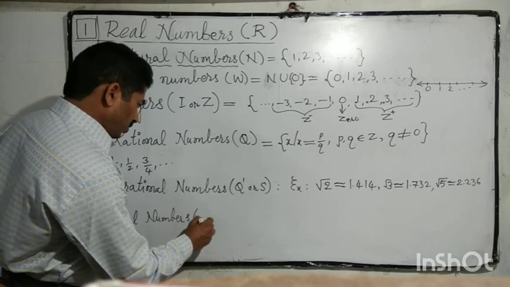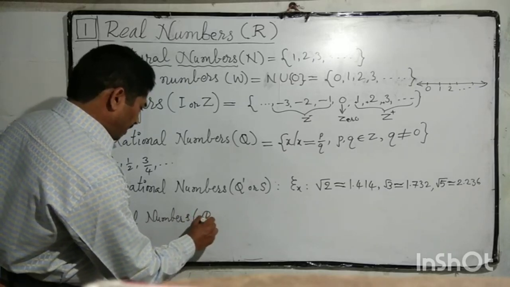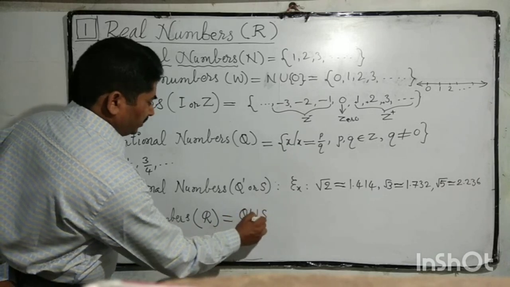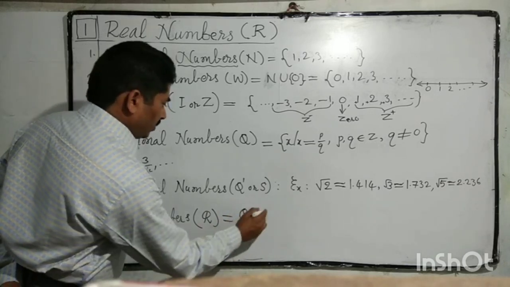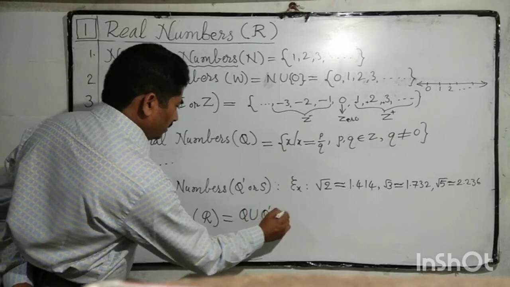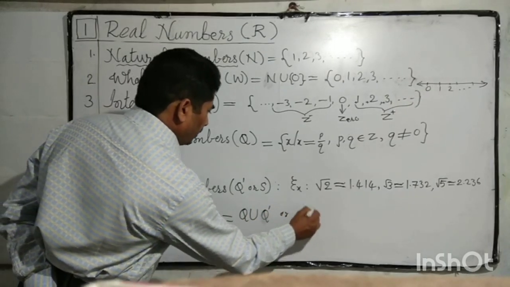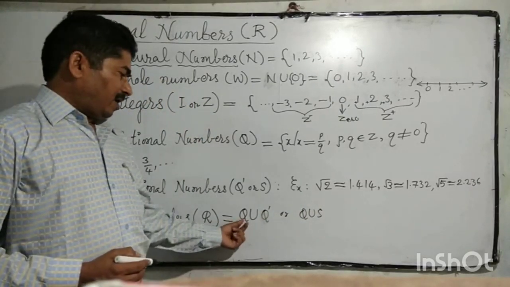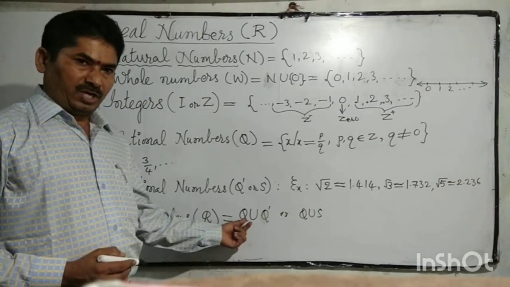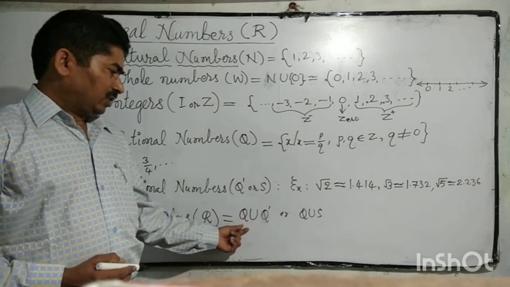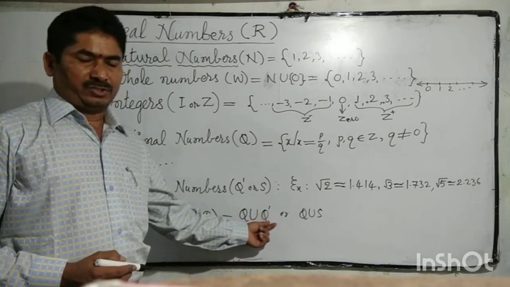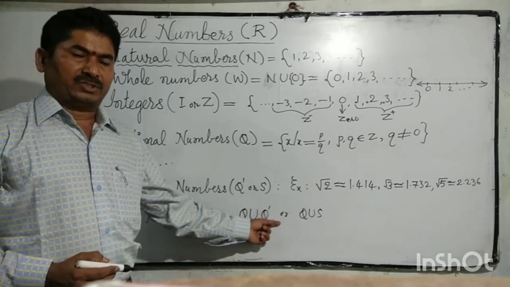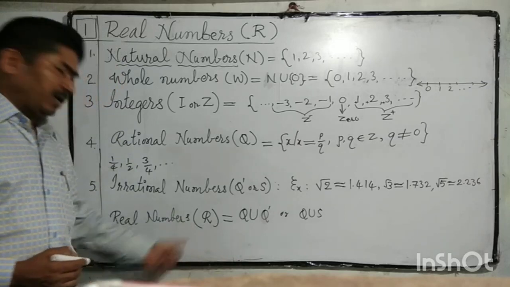Real numbers are denoted by the letter R. R is equal to Q union S, or Q union Q dash. The set of all rational numbers together with irrational numbers. Rational numbers and irrational numbers together are called real numbers.